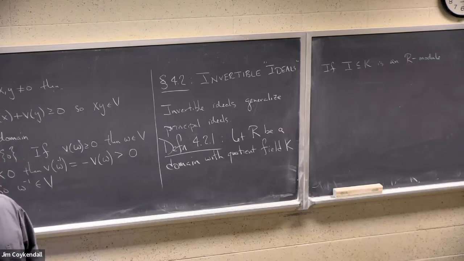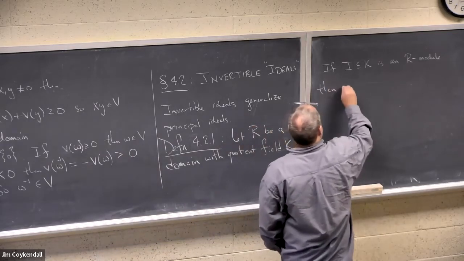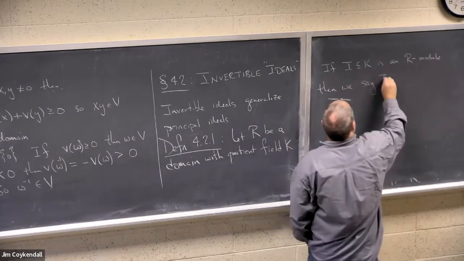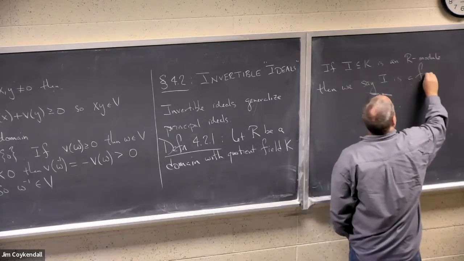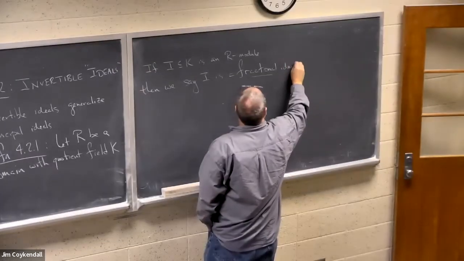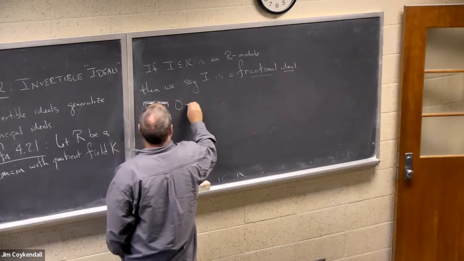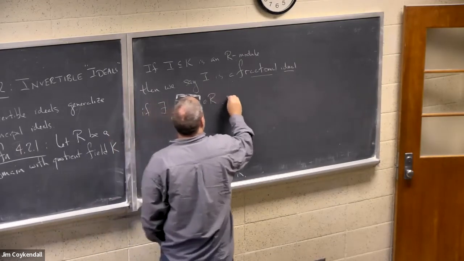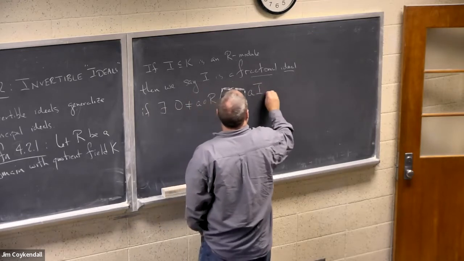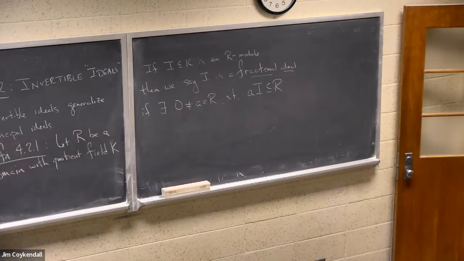This is called a fractional ideal if there exists a non-zero A in R such that A I is contained in R.